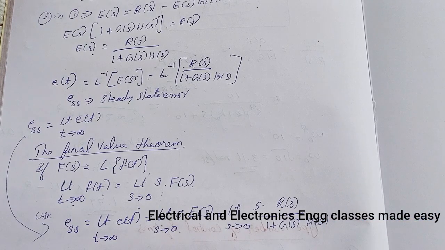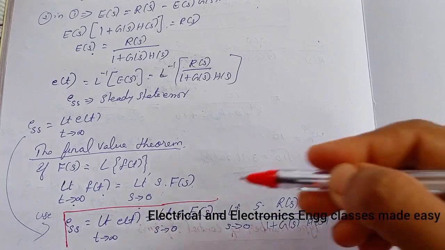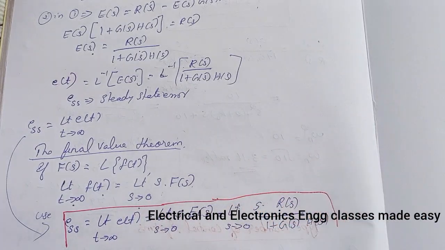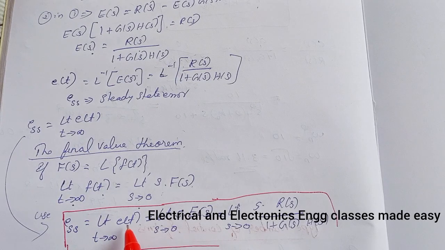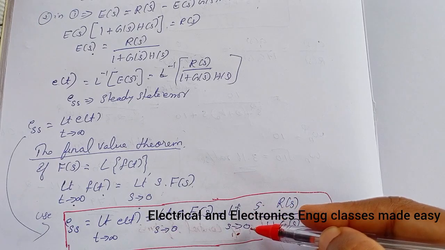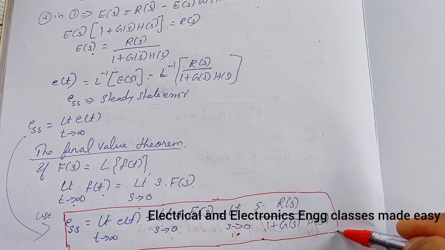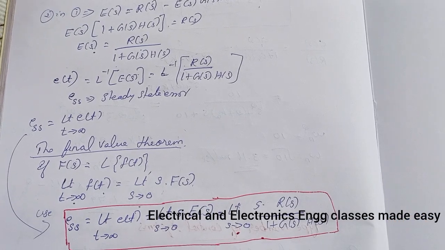So this is the steady state error using the final value theorem. So steady state error ESS is equal to limit t tends to infinity of e(t), and that is equal to limit s tends to 0 of s into R(s) divided by 1 plus G(s)H(s).